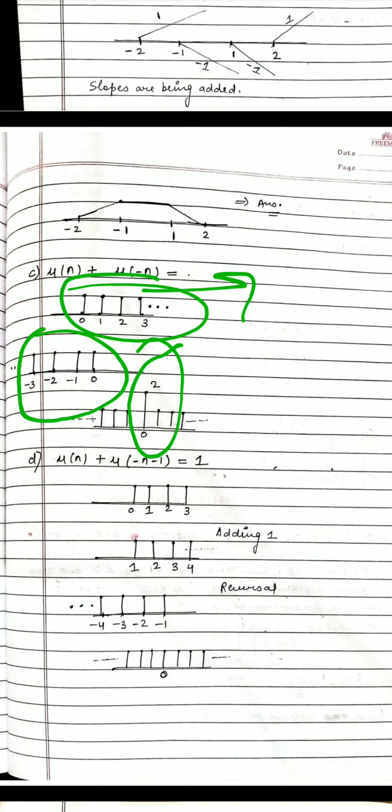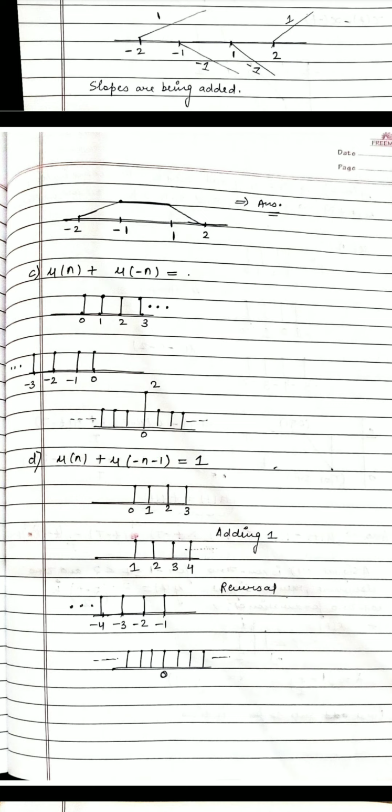Their amplitude is 1, because no coefficient is given before u of n or before u of minus n. At 0 the value is 1 here, and here also at 0 the value is 1. So 1 plus 1 is 2. At 0 we are getting 2.